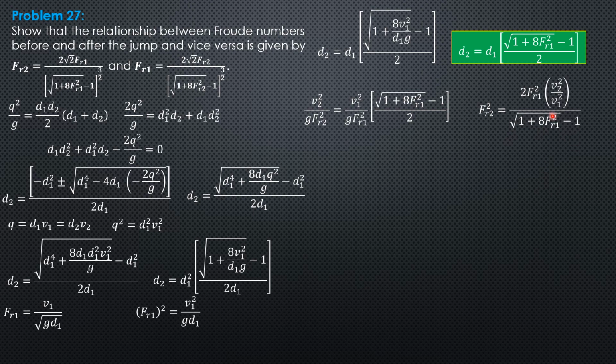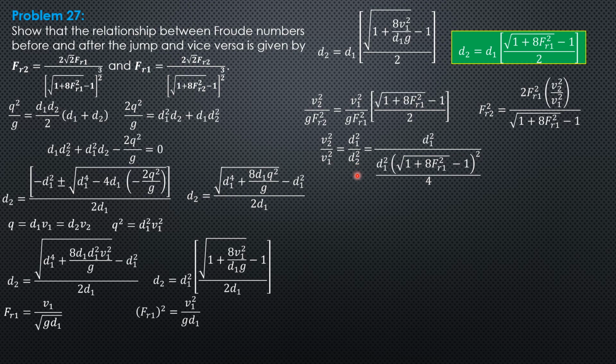So v2 square over v1 square from this: v2 over v1 is d1 over d2 quantity square. So v2 square over v1 square is also d1 square over d2 square from this relation. That's it.